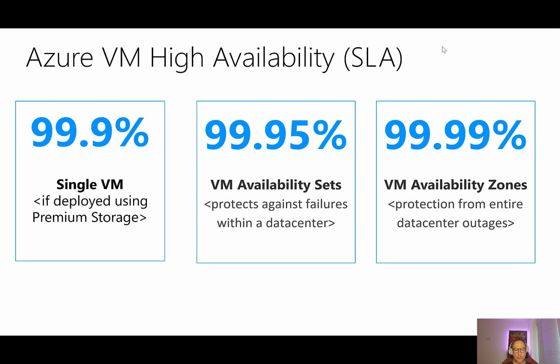If something goes wrong with a physical rack, you're totally safe. If something goes wrong with a building, you need to move out to an availability zone. Availability zones again start from at least 2 identical instances, web VMs, database VMs, or any other virtual machine functionality, where this time we deploy them still in the same region, but across different buildings, and there's obviously some distance between them.